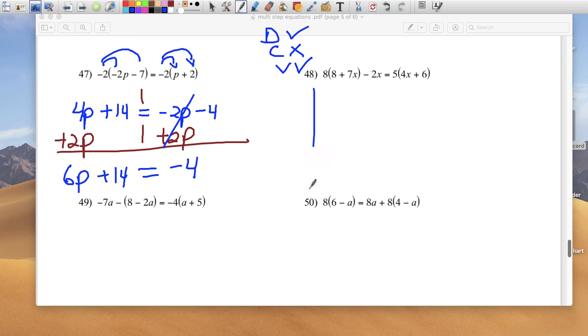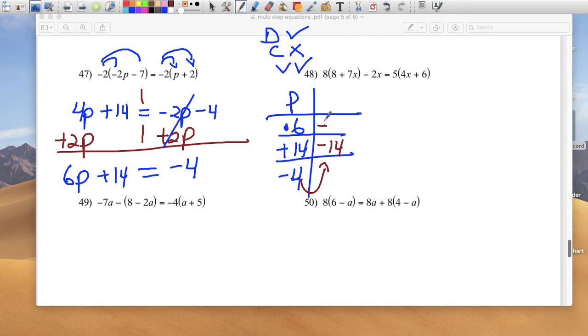Done. Now I can do this, which tells me I have a variable p, which is being multiplied by 6 plus 14. And that gives me negative 4. Going backwards, minus 14 divided by 6. Those are the two steps I'm going to do. So let's start with the first one.